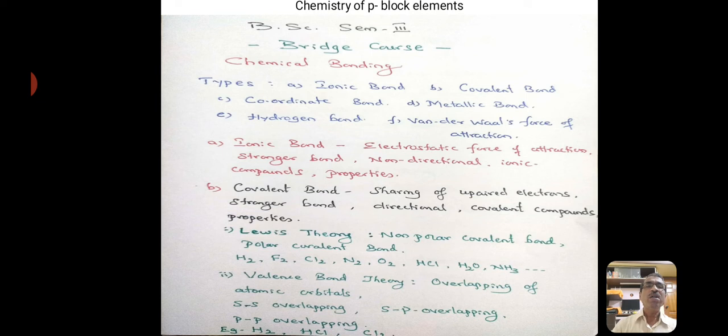Now, to know about the Lewis theory, Lewis proposed that a covalent bond is formed between two atoms by sharing unpaired electrons. He said there are two types of covalent bonds: one is the non-polar covalent bond, and the other is the polar covalent bond. Hydrogen, fluorine, chlorine, nitrogen, oxygen are examples of non-polar covalent bonds, and HCl, water, ammonia, etc. are examples of polar covalent bonds.